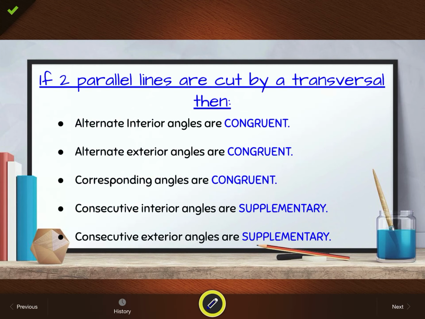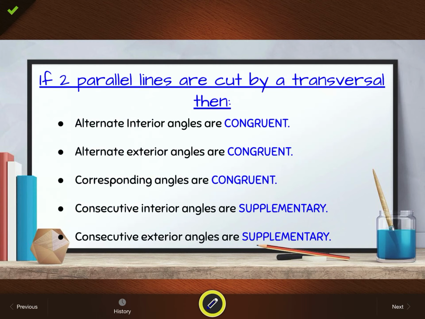So here are the things that you need to make sure that you have committed to memory and that you are good to go with. If two parallel lines are cut by a transversal, then you have three pairs that are congruent: alternate interior angles, alternate exterior angles, and corresponding angles. And you have two pairs that are supplementary: your consecutive interior angles and your consecutive exterior angles.